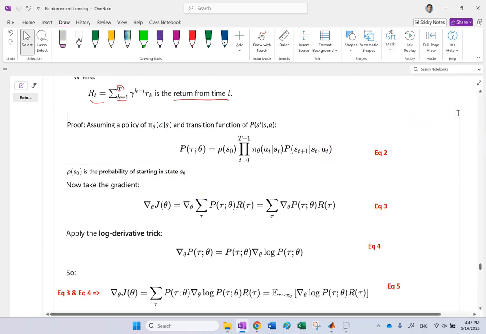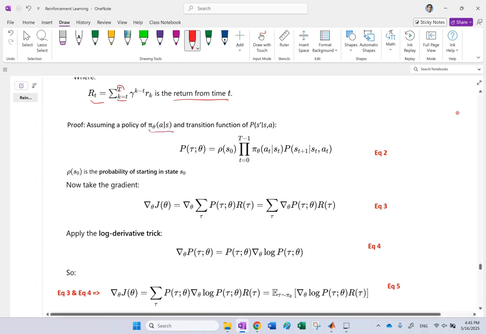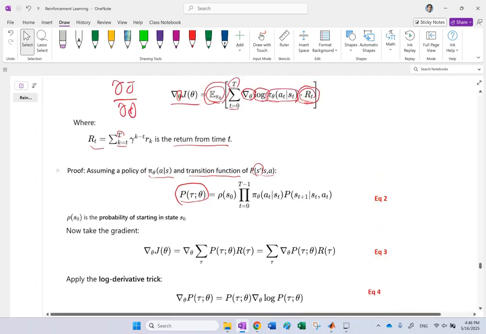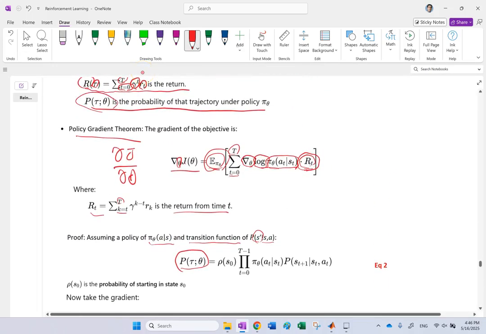Let's go over that. Let's assume that the policy is pi theta of a given s, and the transition function is p of s prime given s and a, where s prime is the new state. Now the probability of the trajectory, p of tau given theta, how can we write that?